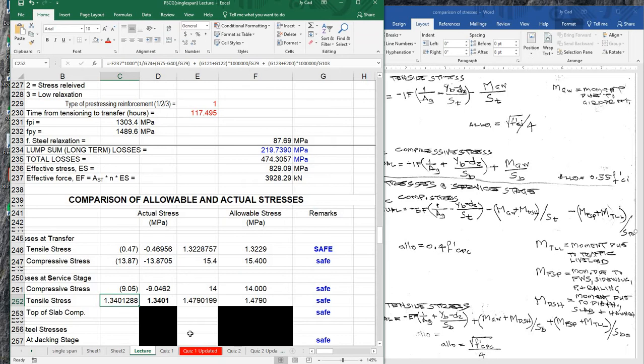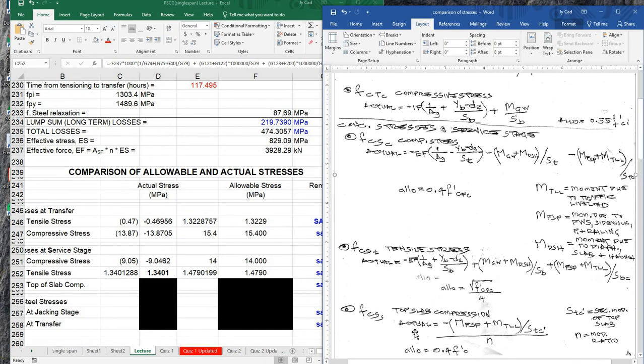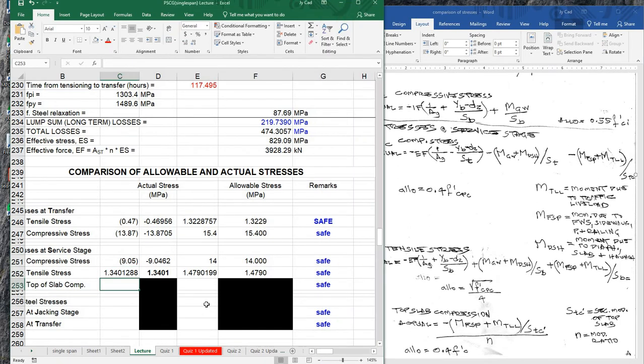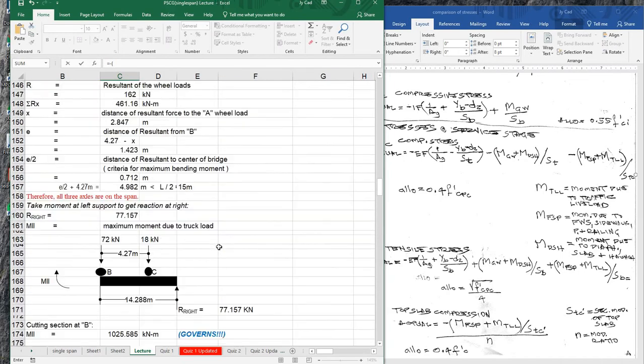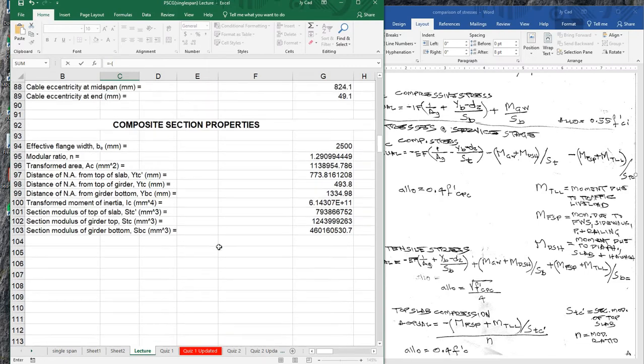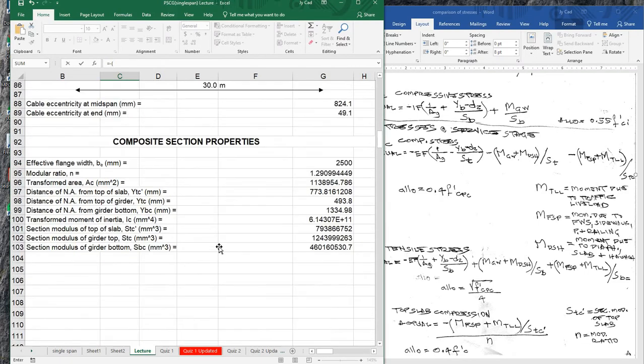So, ganun ang pag-check. Kung meron kang pag-checkan, it is better na gawin mo na lang na mano-mano. Huwag ka nang mag-copy-paste, something like that. Mas malilito ka lang. So, dito na tayo ngayon sa top slab compression. And equal sign, negative, open parenthesis, moment due to future wearing surface, and SW, nasan ka?